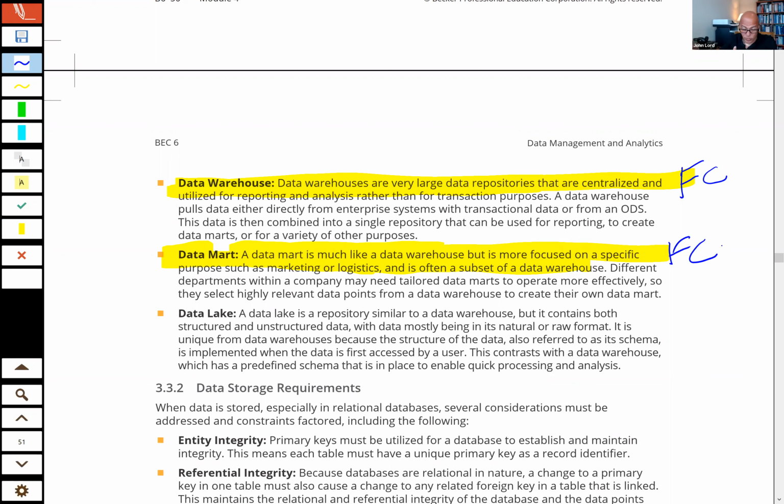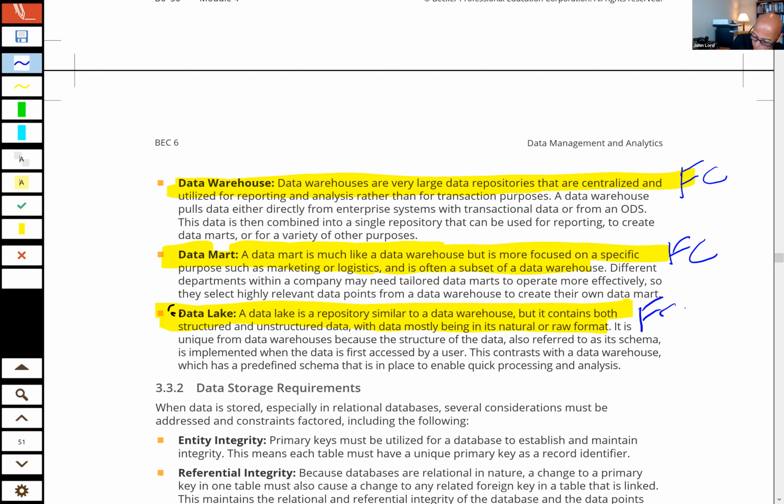You actually go to the Safeway store, the produce is in the produce department, the meat is in the meat department, et cetera, right? And then a data lake is a repository similar to a data warehouse, but it contains both structured and unstructured data, mostly in natural or raw format. They call that a data lake. Okay, and you can flashcard that.